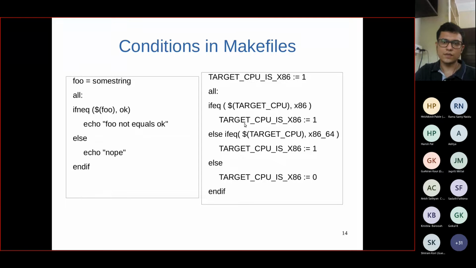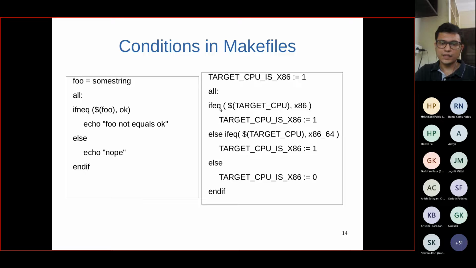If it is the case, then we are setting this TARGET_CPU_X86 variable to 1. Please note that we have declared this variable here. And if that is not the case, then we are checking if the target CPU variable is equal to x86_64, that is, a 64-bit machine having x86. If that is the case, then again we set this variable to 1, else we reset it to 0.